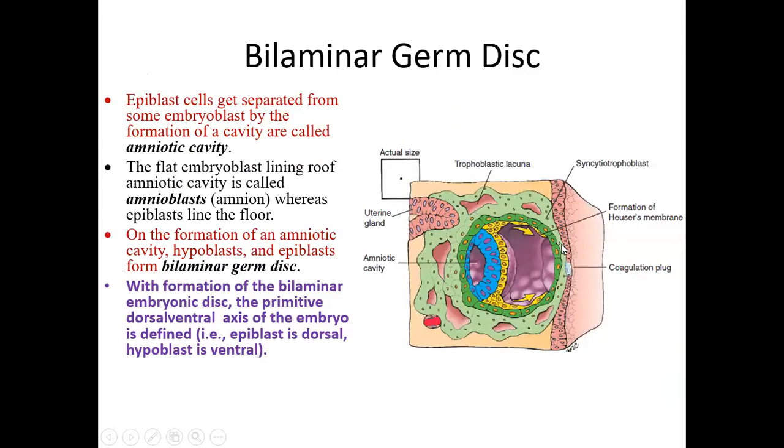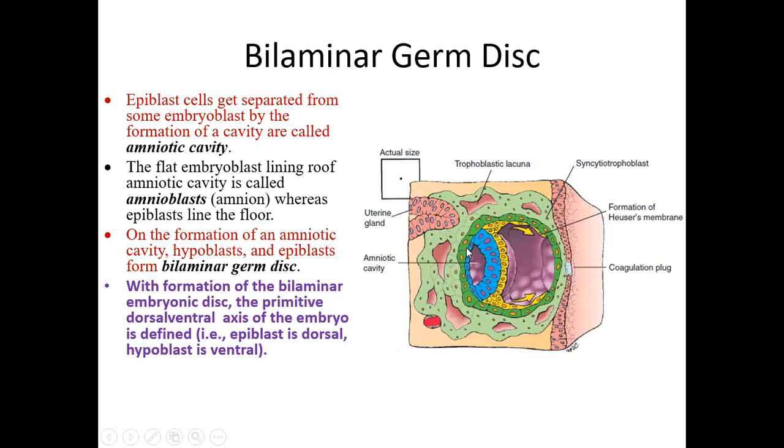Later, by day 9, the blastocyst has completely embedded in the maternal endometrium and the defect has been closed by the coagulation plug. The epiblast cells get organized into a columnar cell layer, and because of cavitation, the amniotic cavity appears amongst the epiblast cells.